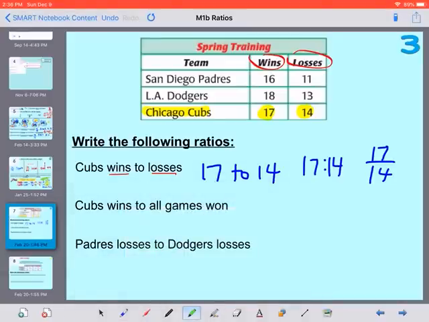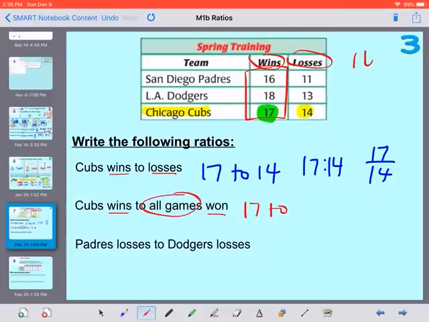Next, we want Cubs wins, which was 17, to all games won. So we need to count up all of this winning column. So we know the Cubs wins was 17, but now we need to figure out all the games won.